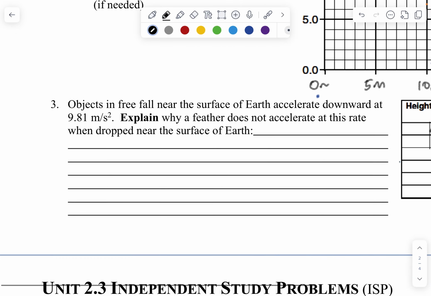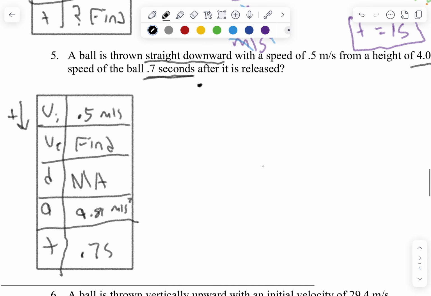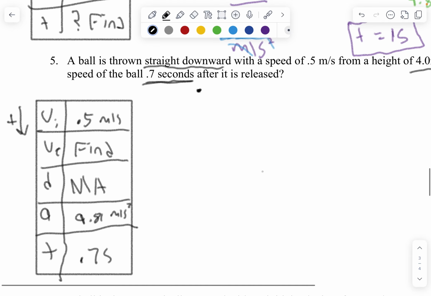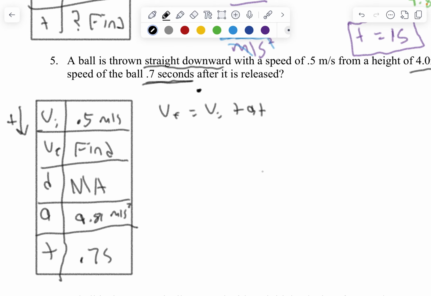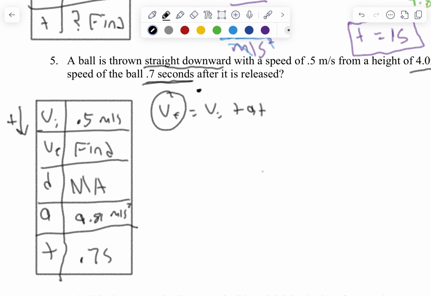So let's write that down and solve. We're just plugging in the values like before. But then what are we solving for? We're solving for final velocity, and that means we can keep it in this format because it's already in terms of final velocity. Final velocity equals blank. That's what we want for this question.